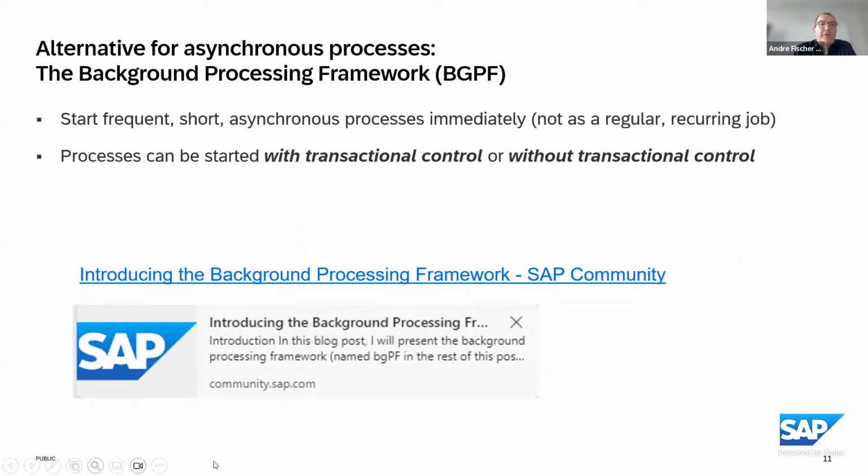Then one point, because the application jobs, they were the first option to start something in an asynchronous way in ABAP environment. But meanwhile, we also have a second option that's called the background processing framework.